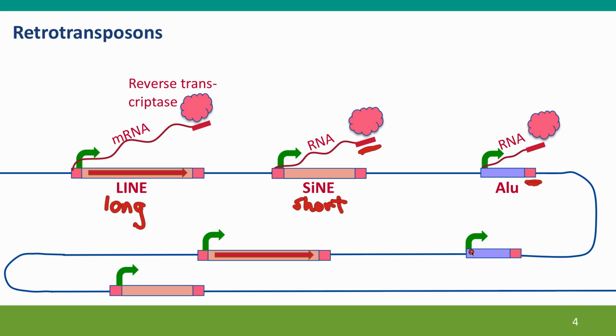In each case, the messenger RNA contains the promoter, so the DNA version that's inserted in the chromosome contains a functional promoter and is able to produce more RNA, which can then be copied into DNA again by reverse transcriptase. So as long as there are some functional elements that encode reverse transcriptase, these shorter elements are able to replicate abundantly in the genome. In fact, the shorter they are, it seems, the more effectively they replicate, and the more copies we have of them.